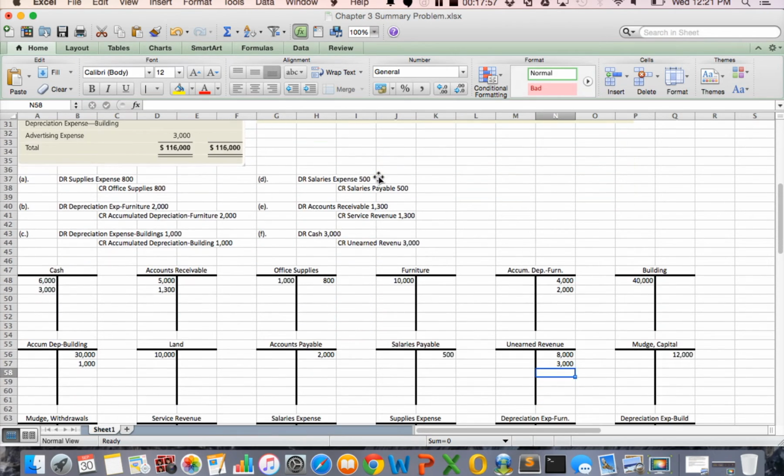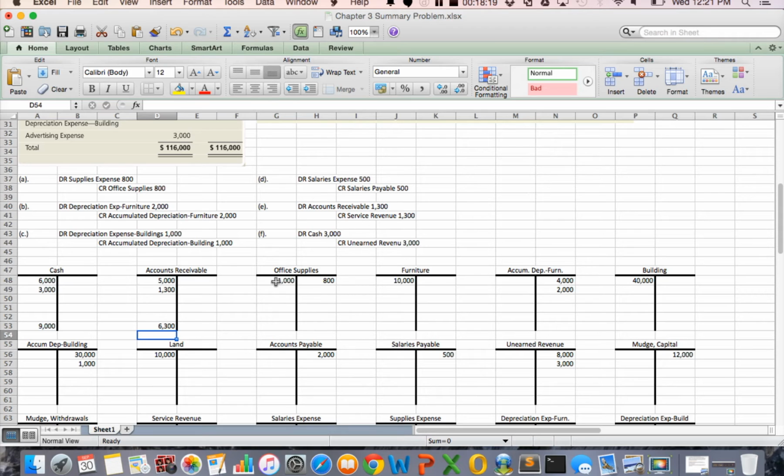Now I'm just going to go through and make sure I know what the balance is in each one of these accounts. So if I have a debit of $6,000 plus a debit of $3,000, what's my balance? $9,000 debit, right? Debit $5,000 plus $1,300, $6,300 debit.